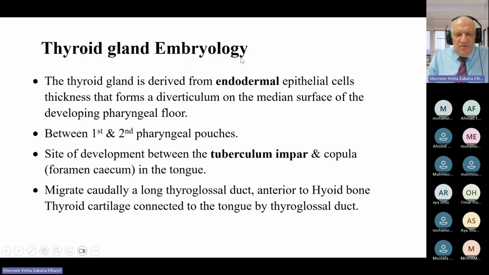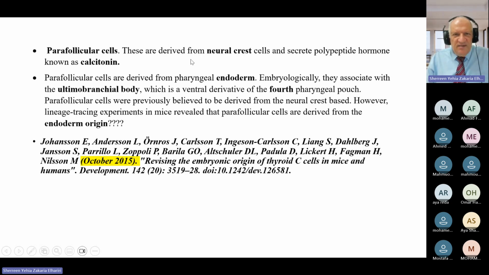Thyroid embryology, I just added because for a long time, of course, the thyroid is endoderm. But for a long time in our study, we thought that the parafollicular cell arises from ectoderm and secretes calcitonin. It still secretes calcitonin, but recently in 2015, they found the parafollicular cell of the thyroid gland is endodermal in origin, derived from the fourth pharyngeal pouch.